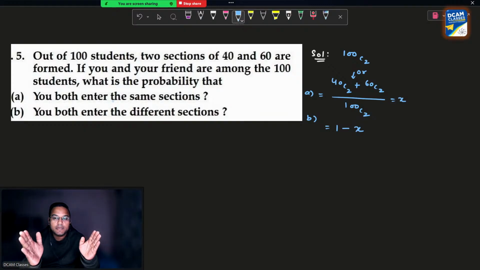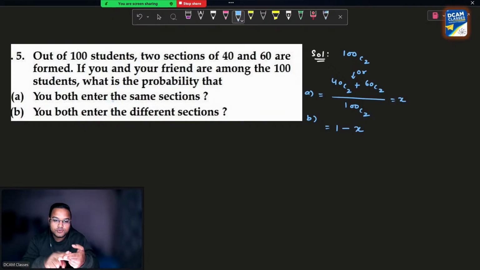Out of those 40 places, any 2 places can be chosen so that you and your friend can sit there. So out of 40 places, I have to choose only 2 places in 40 C2 ways, where you and your friend can be present.